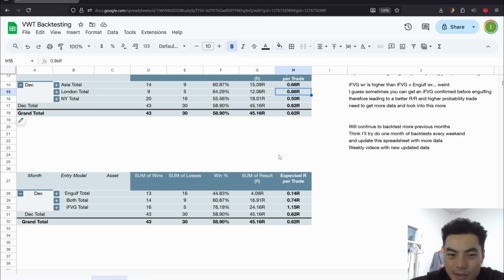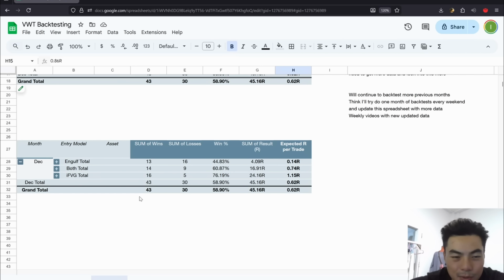And then the last thing, this surprised me a lot. I also categorized the results by entry model. There were 3 entry models: either just an engulfing candle, or just an inverse fair value gap, or both at the same time. Surprisingly, engulfing by itself was really low, only 0.14 R expected per trade, so barely profitable.